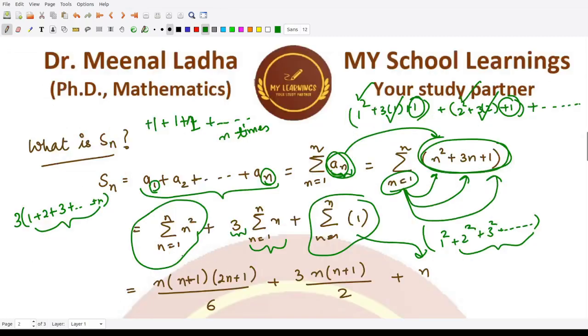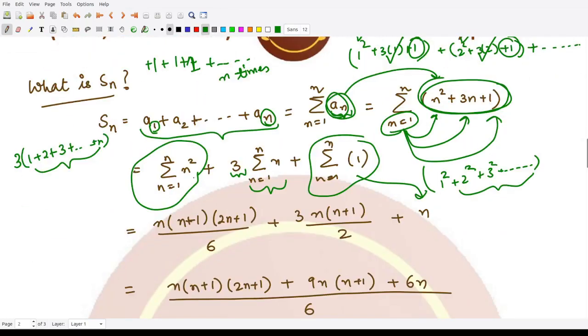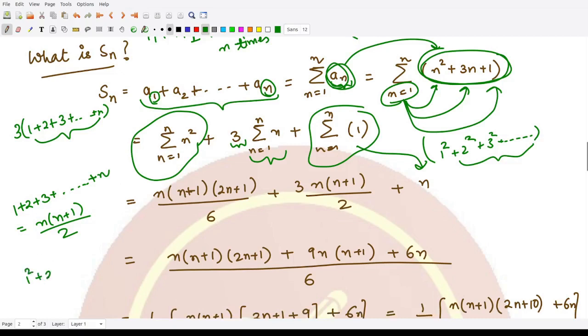Now you know the formulas for square of terms and simple terms. So if you have 1 plus 2 plus 3 plus so on up to n, the formula here is n into n plus 1 divided by 2. And if you have the sum of squares like this, in that case you have this equal to n into n plus 1 into 2n plus 1 divided by 6.